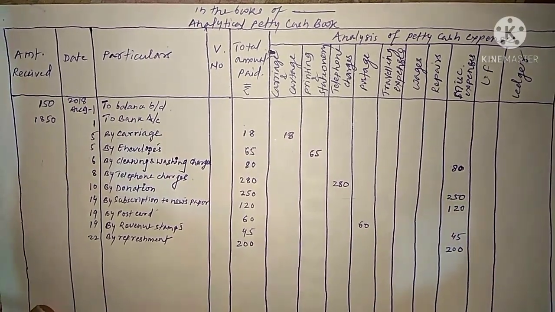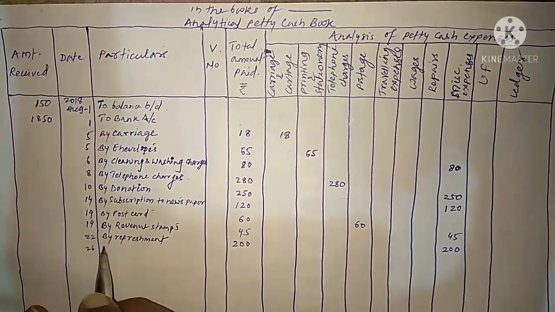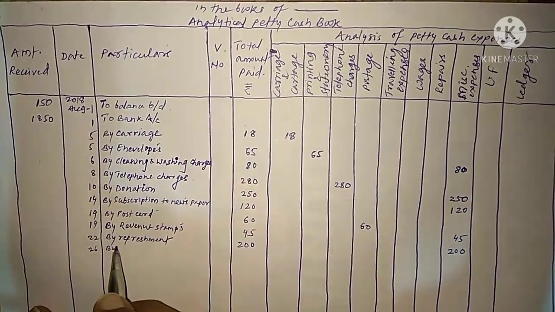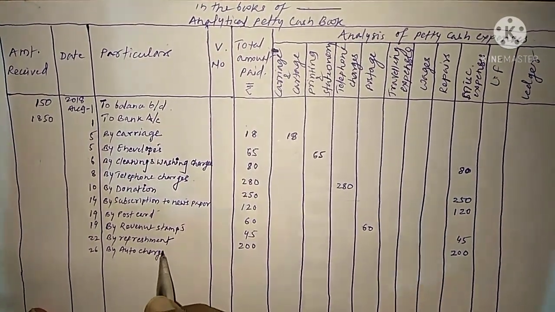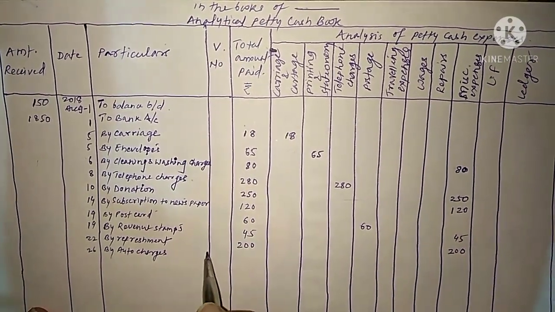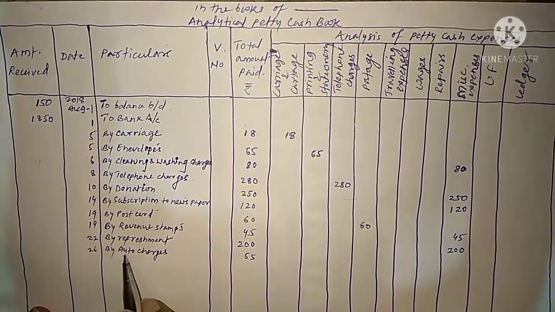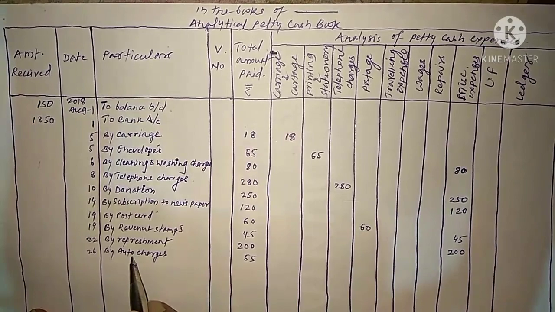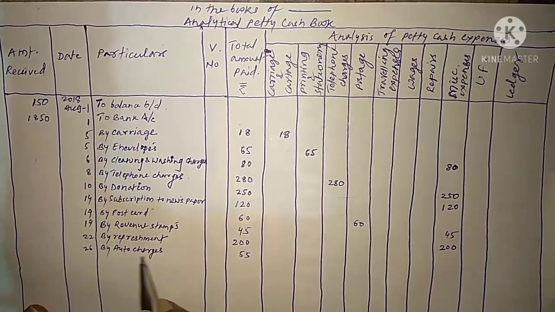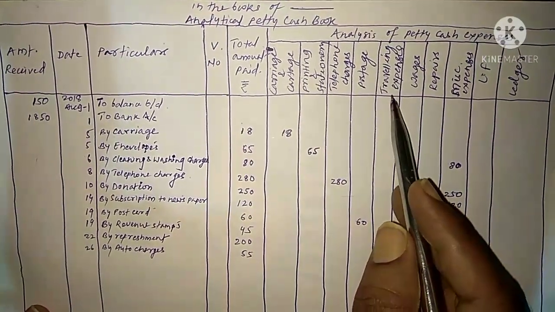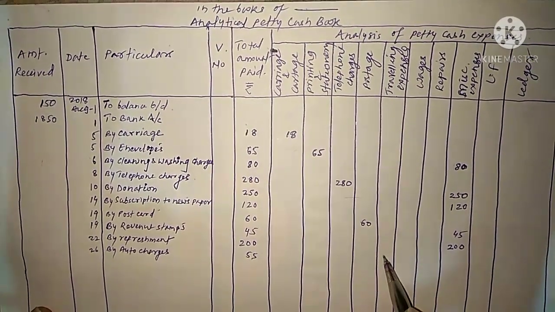So here we have to write the date, that is 26 by auto charges. 55 we have to write in total amount paid column, and for this auto charges we prepared the accounting head for this expense, that is traveling and conveyance. So this amount we have to shift to the traveling and conveyance accounting head, 55.